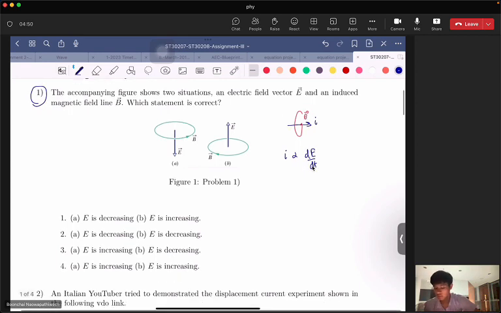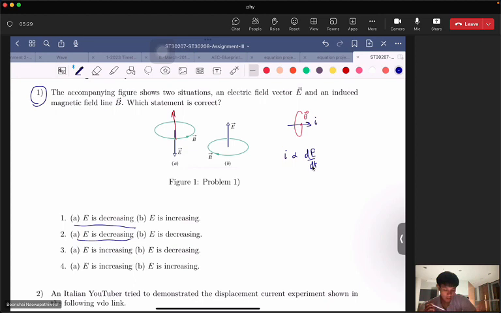In the picture, if the magnetic field is shaped like this, the current would be to the above, and if the current is above, then dE by dt is to the above. That means the E in figure A is decreasing.